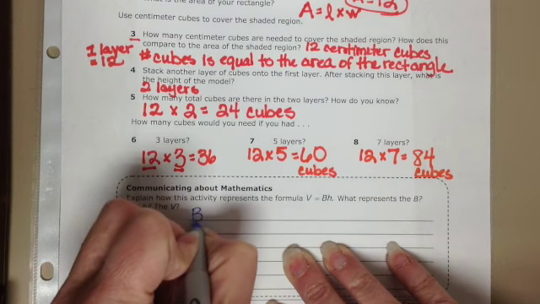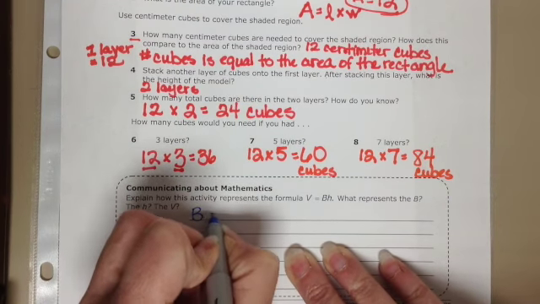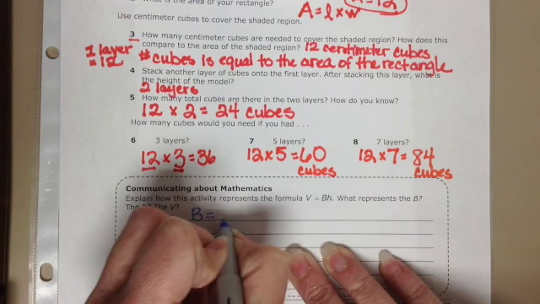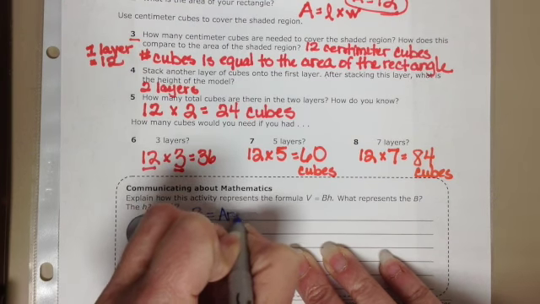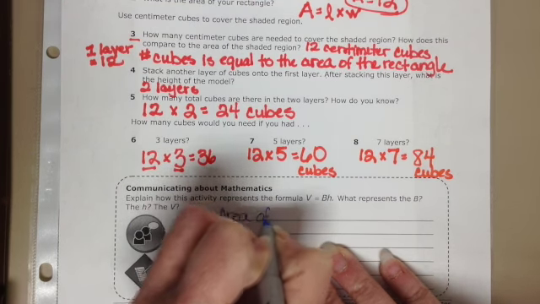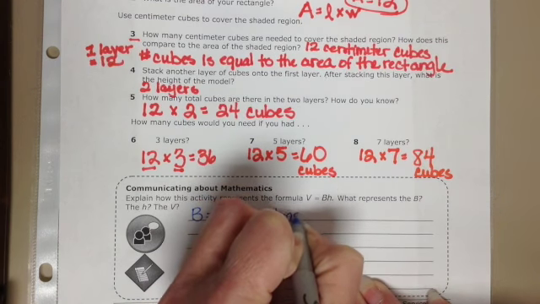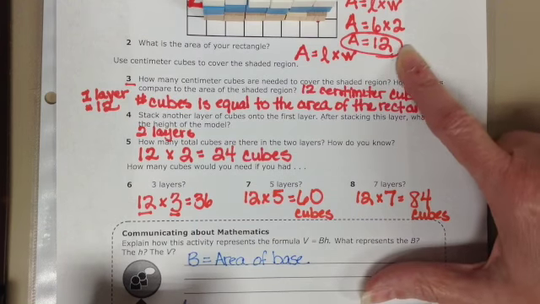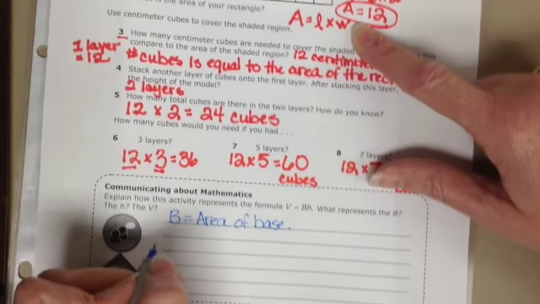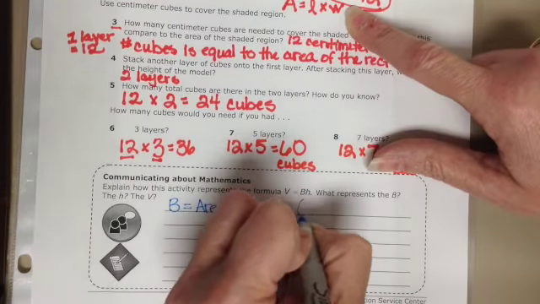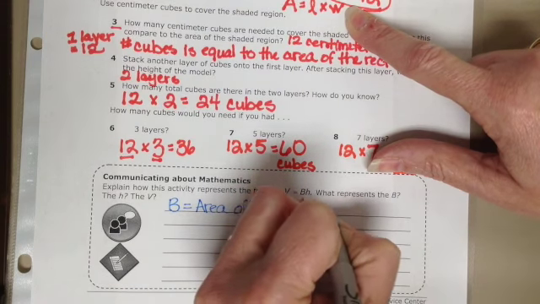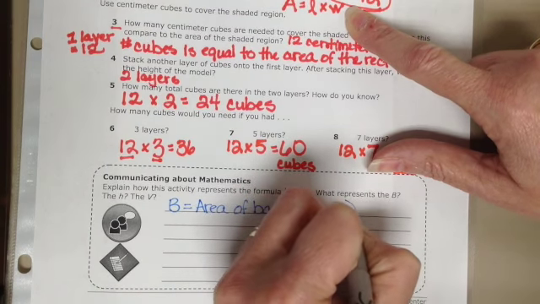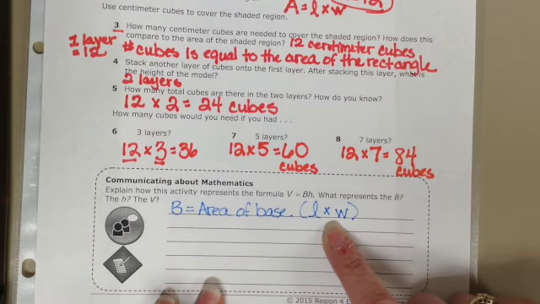So B equals the area of the base, which remember how we found area? That's right, we did length times width. So area of the base is the same thing as length times width.